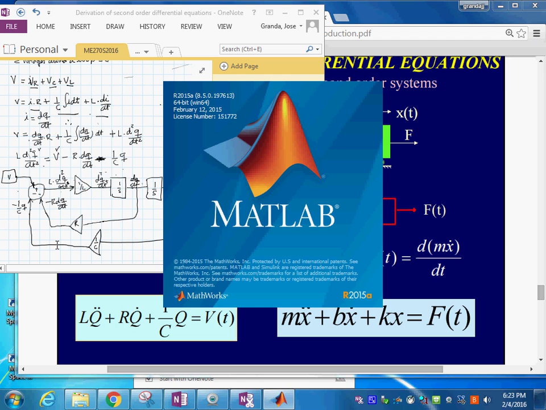MATLAB has a bunch of added tools for calculation, but for this purpose we want a file that can load things ahead of time, so it won't be so slow. So a little bit of waiting here until MATLAB comes up.